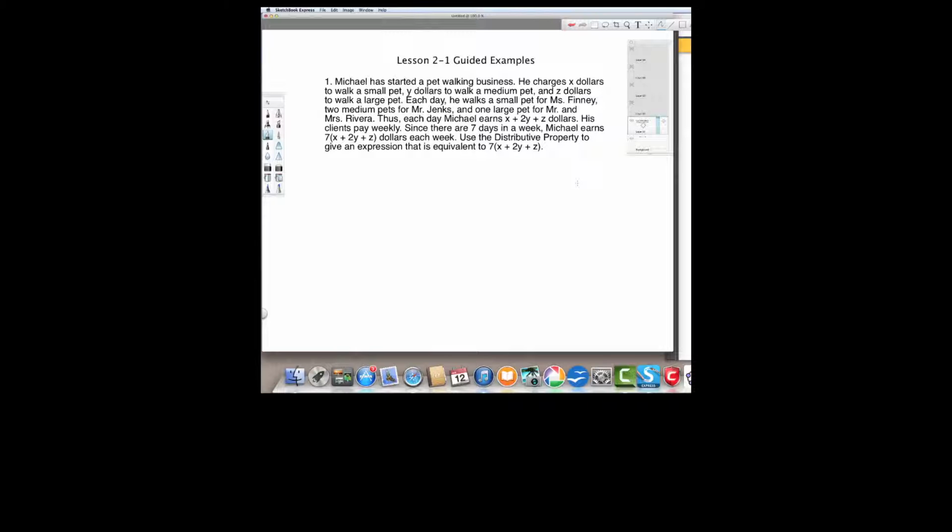And so what we're going to use is the distributive property of multiplication over addition, because this is, after all, an addition problem.